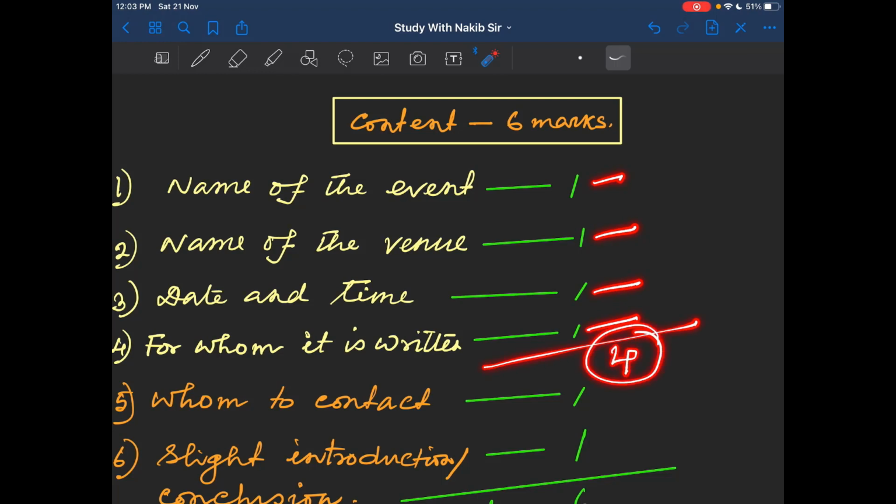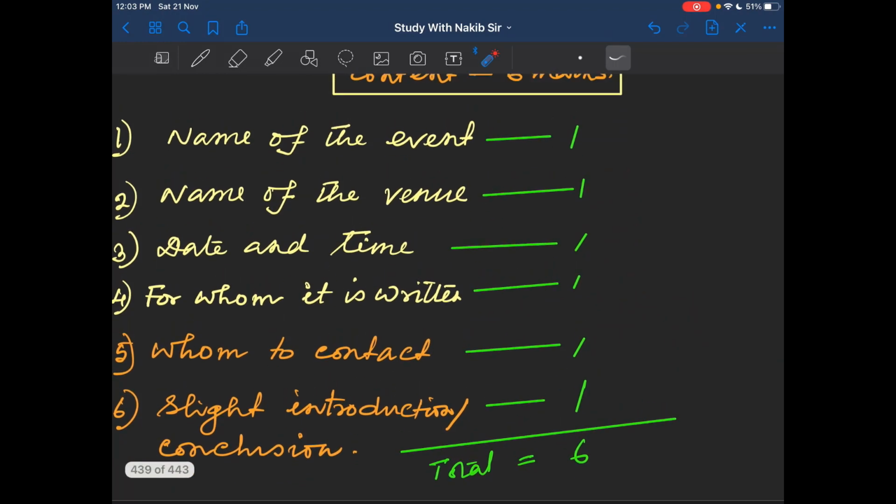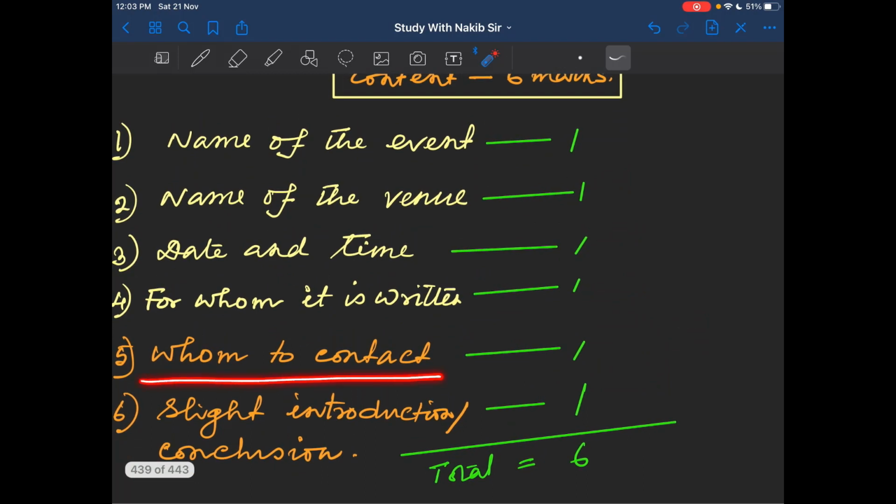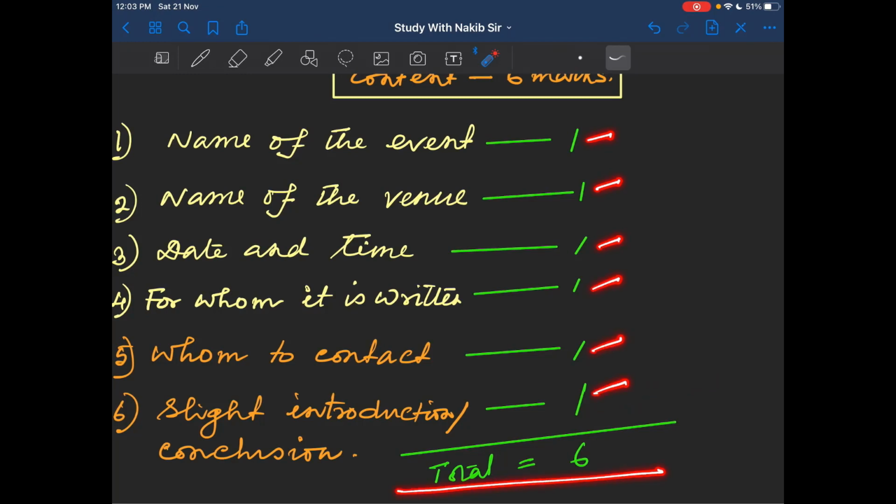And for the remaining 2 marks, you have to add whom to contact for 1 mark. And the last one, slight introduction or conclusion for the last 1 mark. So 1 plus 1 plus 1 plus 1 plus 1 plus 1, total 6 marks.